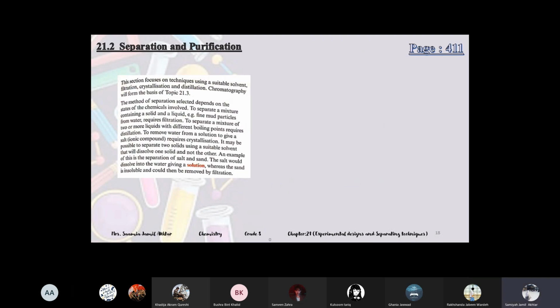Okay, now in this paragraph it is written that if we have a mixture of two solids, like sand plus salt, two powders mixed with each other, how can we separate them?